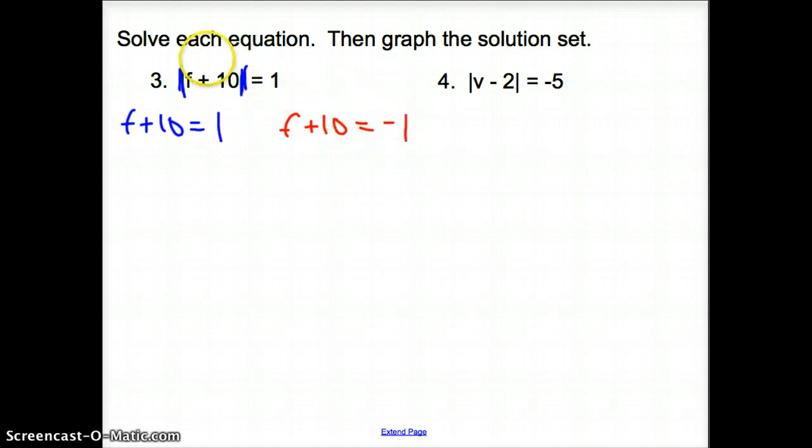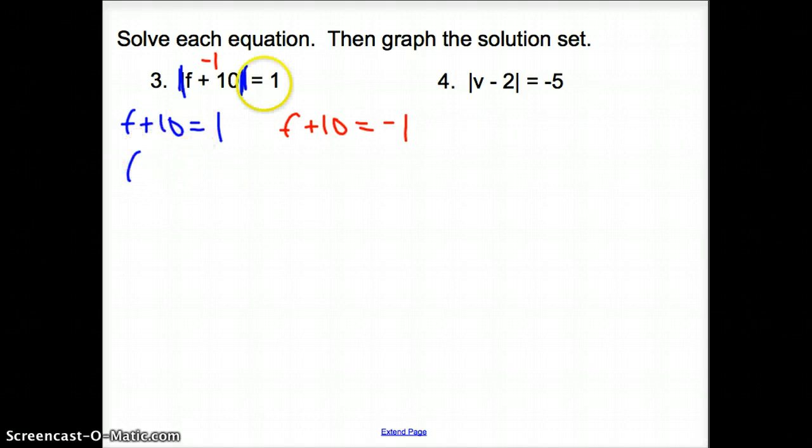And why do we have to do that? Because if I have a -1 inside my absolute value, the absolute value of -1 is 1. And so is the absolute value of 1. So we have to solve for two equations here.